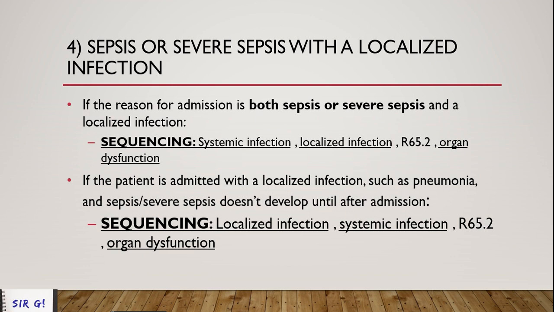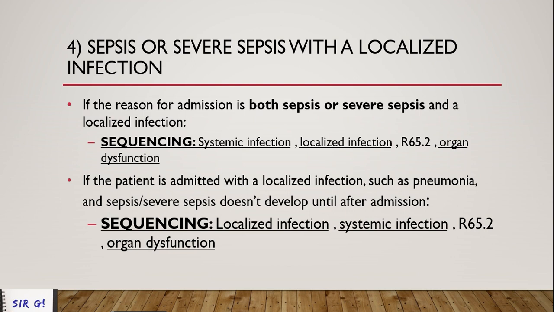So what if that is the scenario? Because it happens. Okay, so the sequencing guideline is, if the reason for admission is both sepsis or severe sepsis and a localized infection, you need to code for the systemic infection, the localized infection, followed by R65.2 and your organ dysfunction.